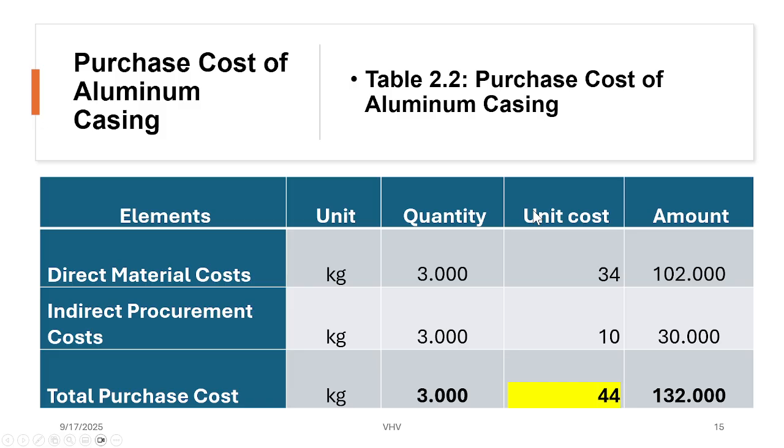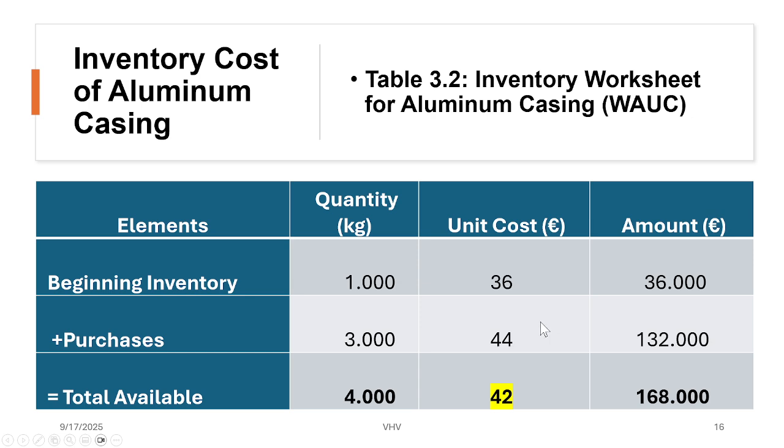This is also our total amount, and we obtain the weighted average unit cost of the aluminum casing. The purchase cost is the total amount divided by the quantity, which is 44 euro. Next, we calculate the weighted average for the aluminum. We started with 1,000 kilograms of inventory valued at 36,000. We add our new purchase of 3,000 kilograms at 132,000.